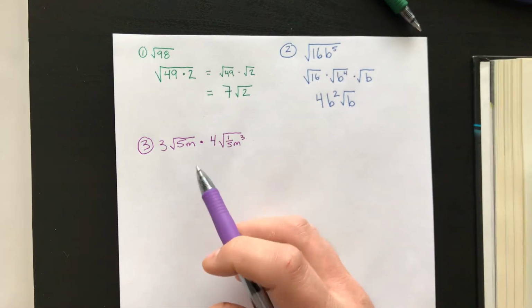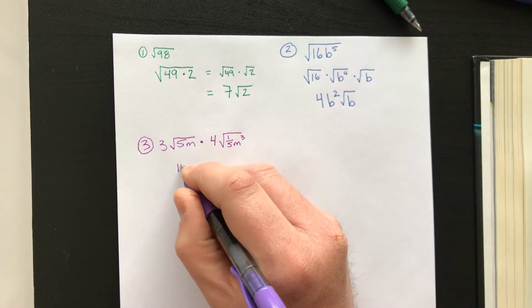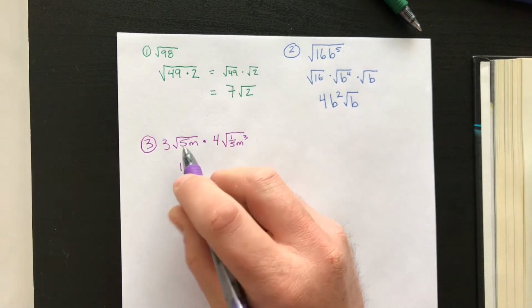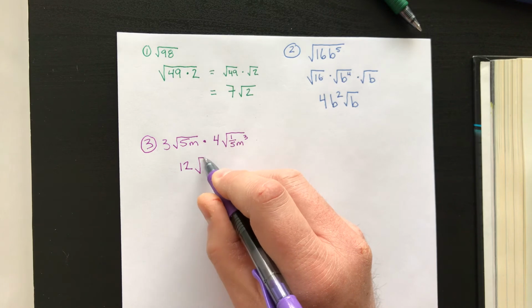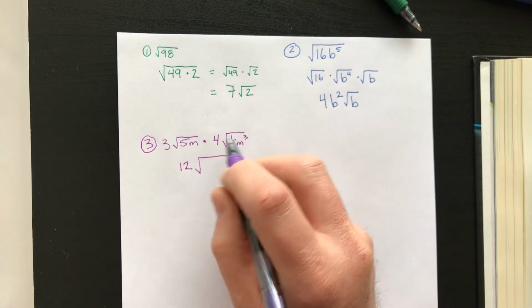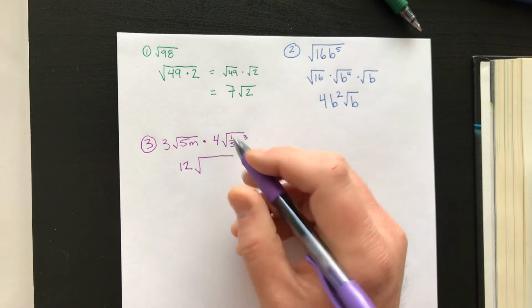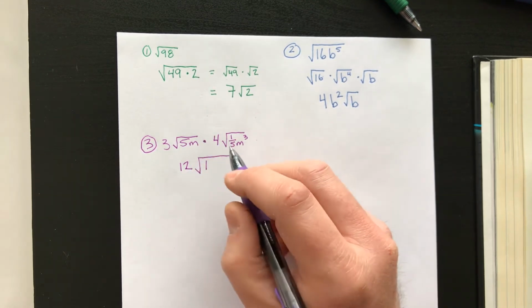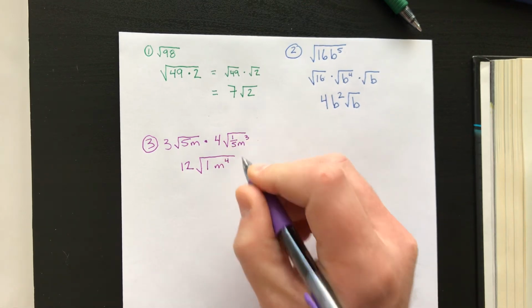So if I multiply these together, I'm going to say 3 times 4, which is 12. And I can't move that 12 inside of a radical, but everything that's inside the radical up here, I can multiply together. So what is 5 times 1/5? That's just 1. And then m times m cubed is m to the 4th.